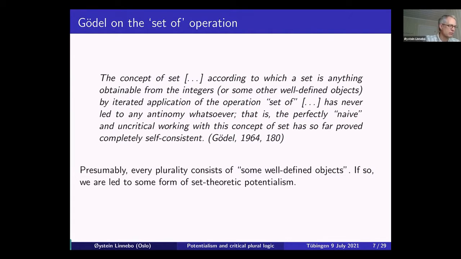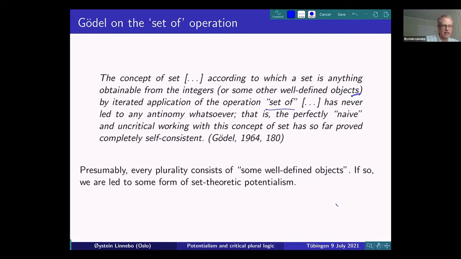The concept of set, he writes, according to which a set is anything obtainable from the integers or some other well-defined objects (note the plural here, objects) by iterated application of the operation "set of," has never led to any antinomy whatsoever. That is, the perfectly naive and uncritical working with this concept of set has so far proved completely self-consistent. Okay, so you have this set of operation, and that can be applied to any well-defined object.